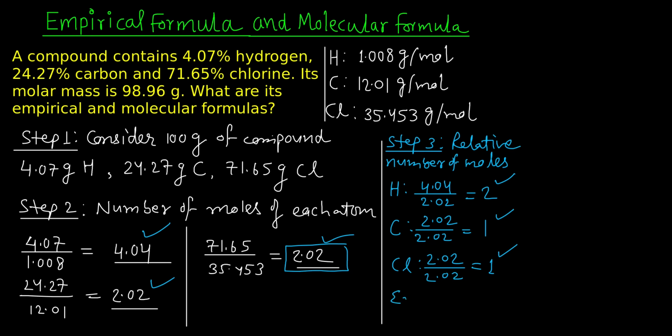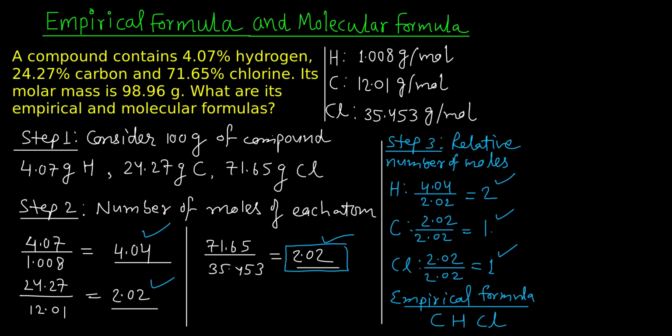So what will be the empirical formula? Now we can write it. The empirical formula is simply a formula where you represent the simple ratio of each element found in that compound. Here we have three elements: carbon, hydrogen and chlorine.